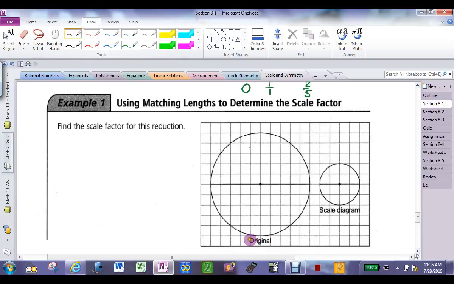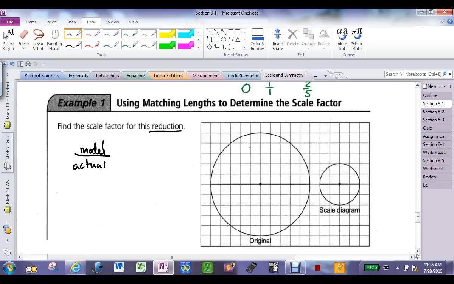What if this wasn't written here? How would you know which was the actual and which was the model? The bigger one? The bigger one's the original because it tells you it's a reduction, yes? So, do you think the rules change? Of course not. We have our actual and model.